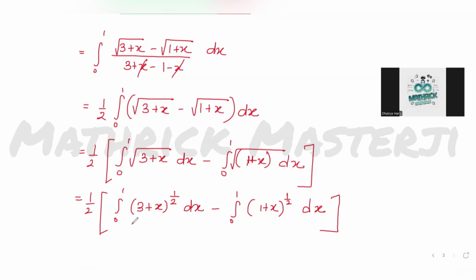Now I can use substitution to put 3 plus x as some variable, let's say t. If I take the derivative, I just get dx equals dt.